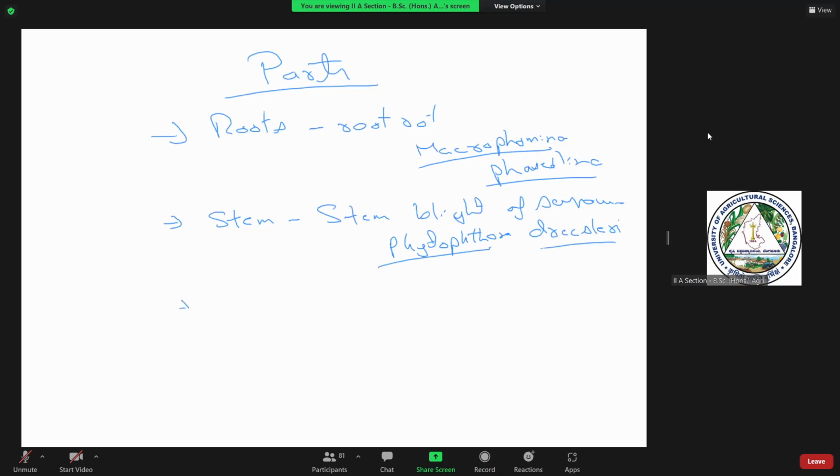And similarly, there are n number of diseases that are known to cause symptoms on the leaves. One common classical example is the Tikka disease of groundnut, which is caused by Cercospora arachidicola. Cercospora arachidicola is the example for this.